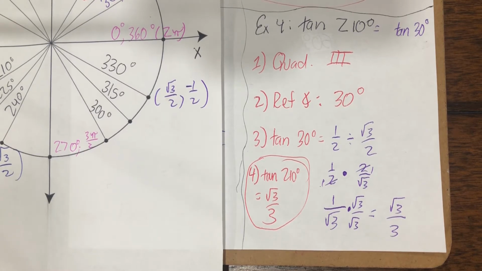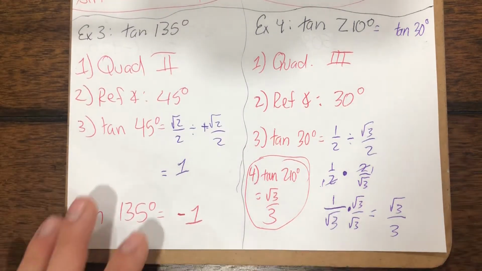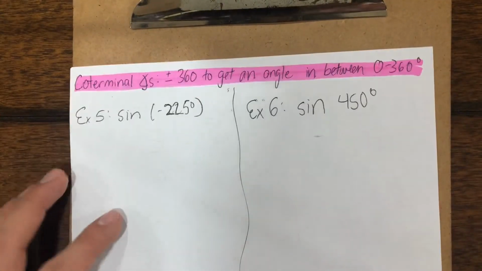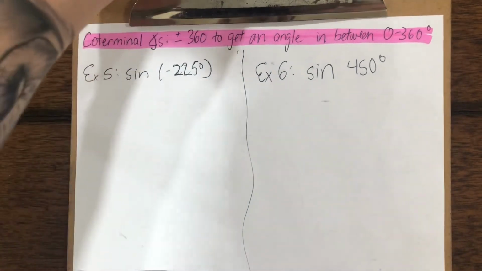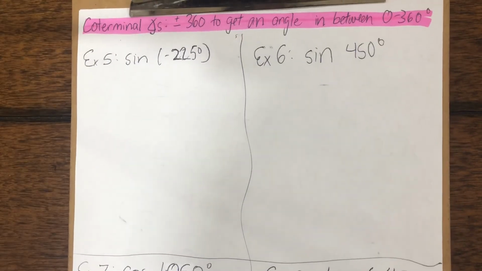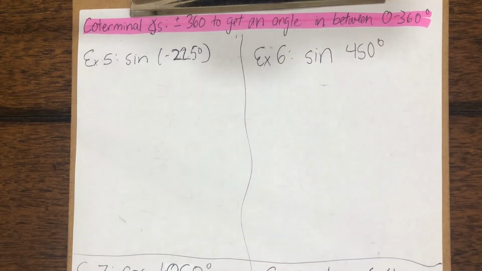Now what we're going to do is take a look at other examples where we're going above the range. And we call those coterminal angles. So now we're going to evaluate trig functions for angle measurements that are out of the range from 0 to 360 degrees, whether they're negative values or positive values that are way above 360 degrees.